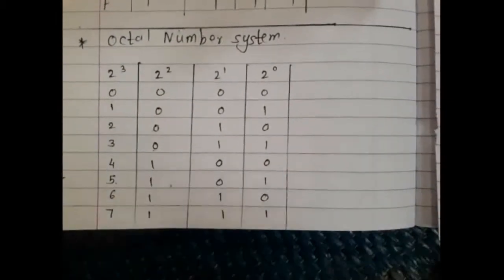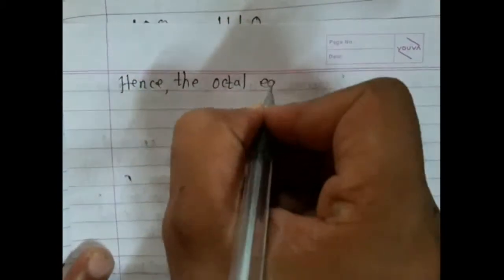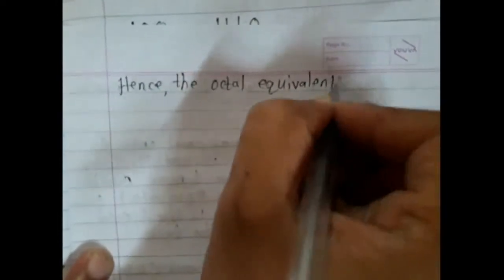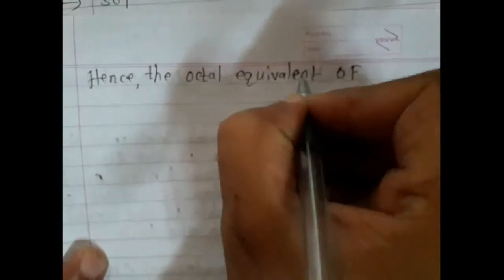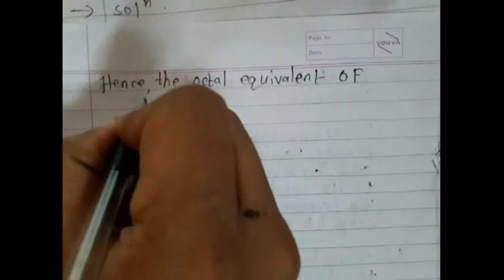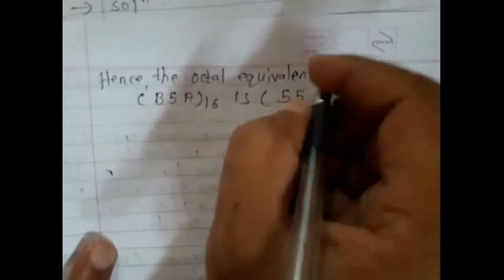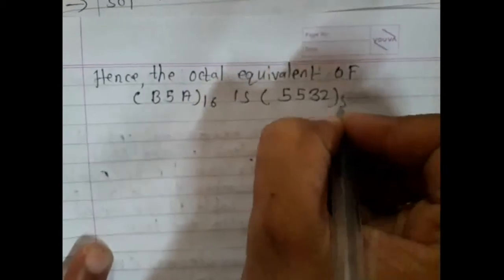Now see, hence the octal equivalent of B5A base 16 is 5532 base 8.